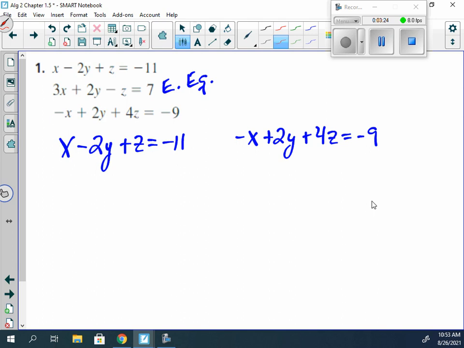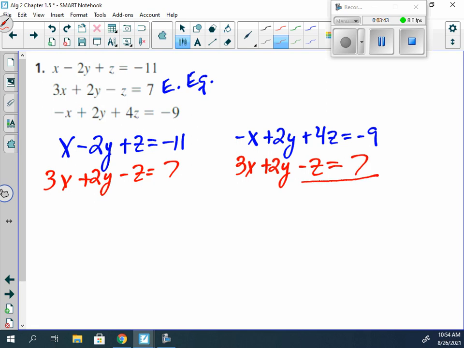Now, since the value in front of y in our eliminator equation is already the same as the other 2, we don't have to do anything to y to make them the same, we can just rewrite them down.